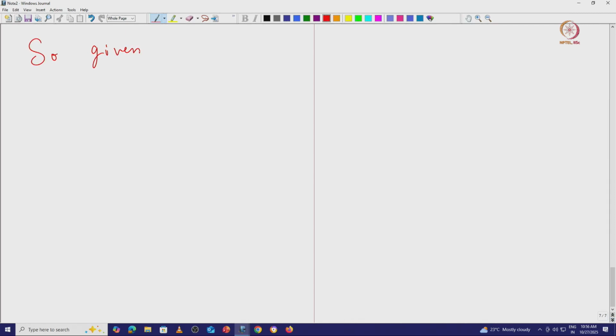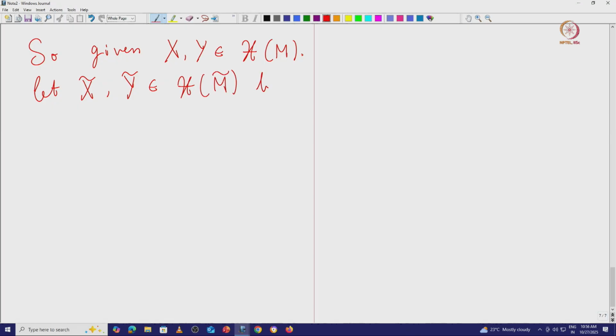So, given two vector fields on M, let x tilde, y tilde be arbitrary extensions using, say, partitions of unity or something.